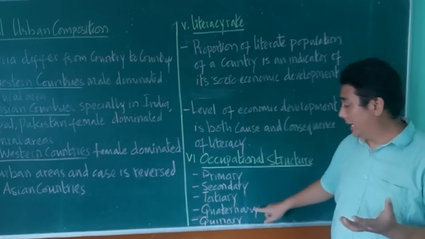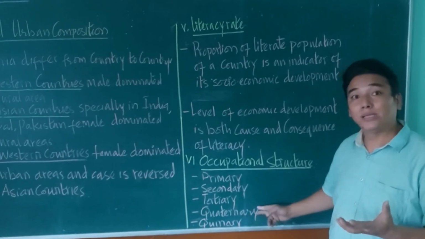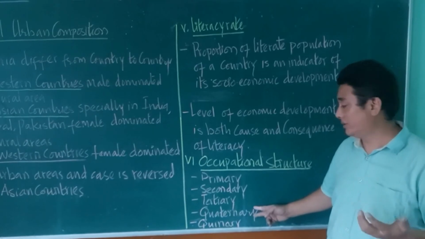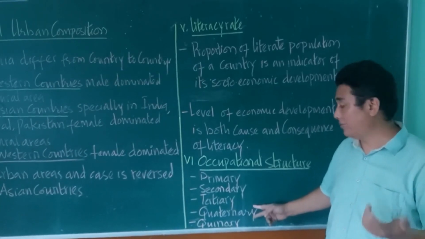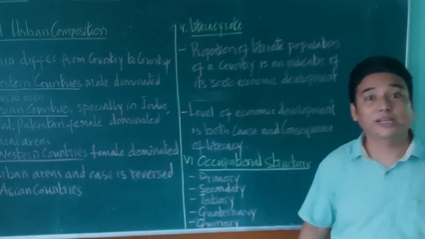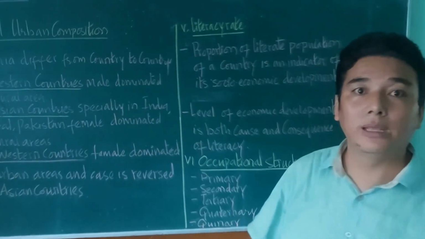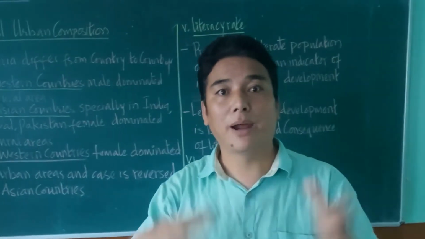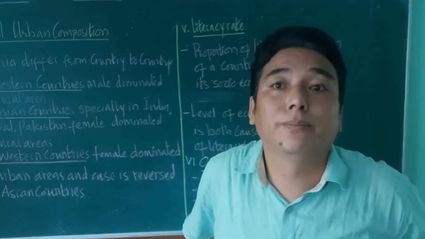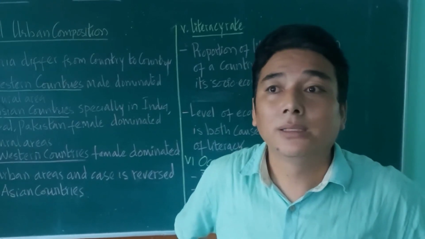People engaged in these high-knowledge activities are quaternary. And quinary activity involves the top jobs, for example the CEO of a company, or the Prime Minister of a country.